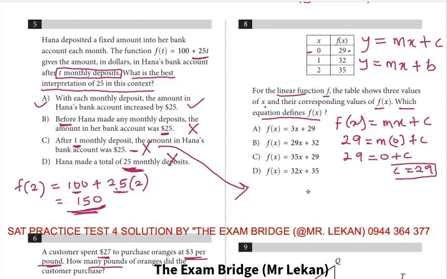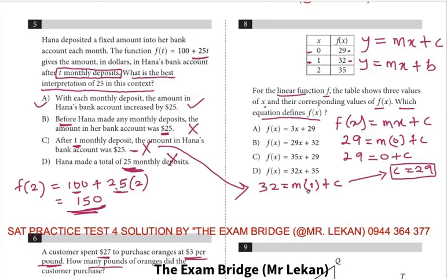Just keep this somewhere. Now, go to the next value given. When x is 1, f of x is 32. Now, put 32 here. That will be 32, f of x, is equal to m times, what is my x now? My x is 1, then plus c. Don't forget, my c is from here.